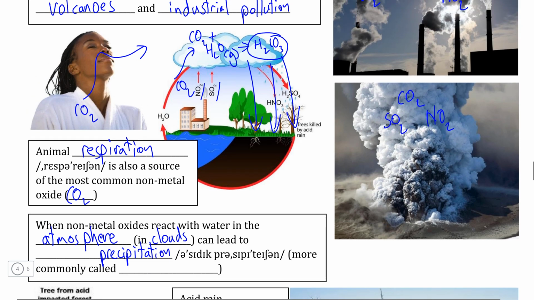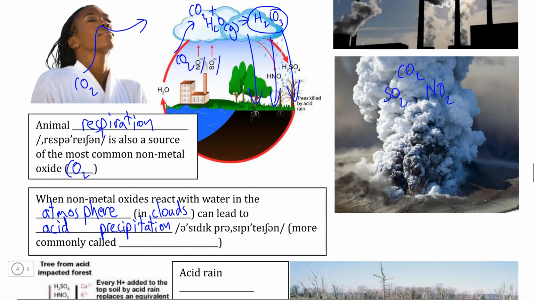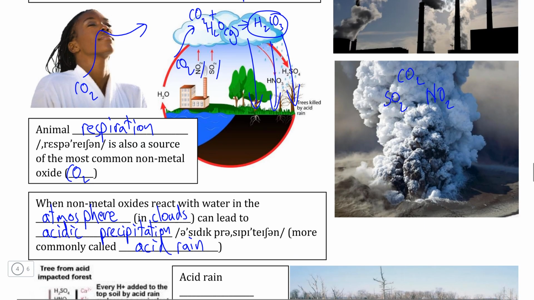And if the acid that forms in the clouds falls back to Earth with the rest of this water, we have what is technically called acidic precipitation, although most people would colloquially refer to this simply as acid rain. Now, there are a lot of misunderstandings about acid rain, about how it's dangerous for people.